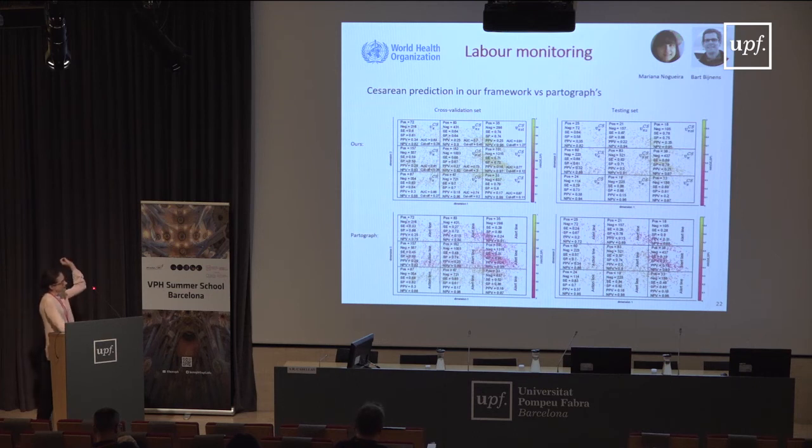We did the prediction locally, and just for simplicity, we divide the output space in 9 regions, and for each region we did the prediction, both for the cross-validation set and for the testing set. Here you can see the performances.